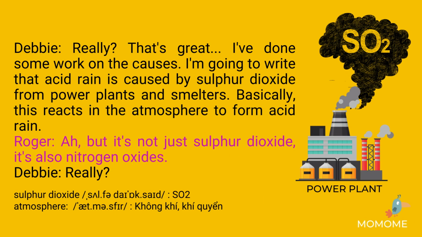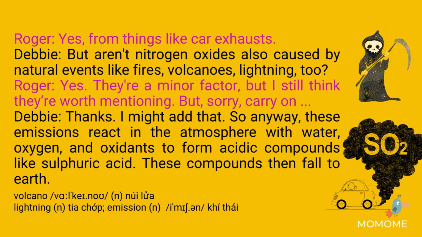Really? Oh, that's great. I've done some work on the causes. I'm going to write that acid rain is caused by sulfur dioxide from power plants and smelters. Basically, this reacts in the atmosphere to form acid rain. But it's not just sulfur dioxide, it's also nitrogen oxides. Really? Yes, from things like car exhausts.